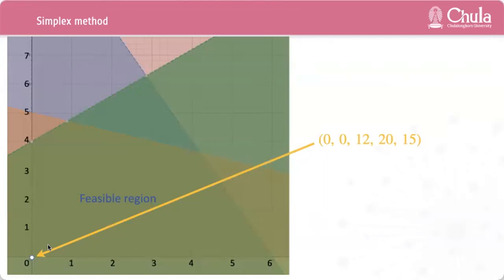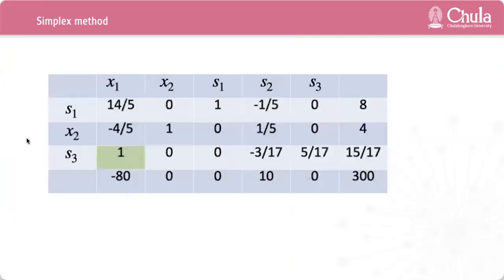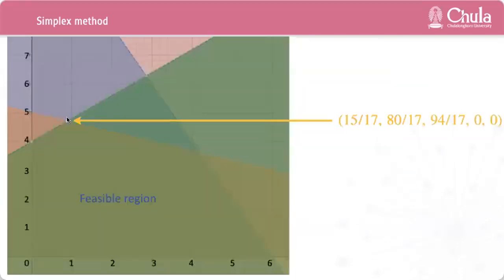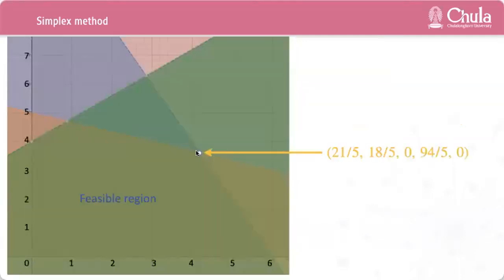And then we move from one corner to the next corner. From this point, we move to this point, and then finally we move to this point. And this is the simplex method. You see how it works.